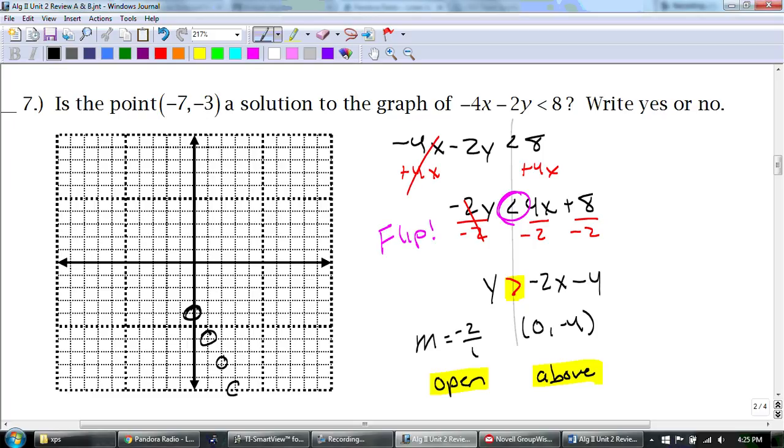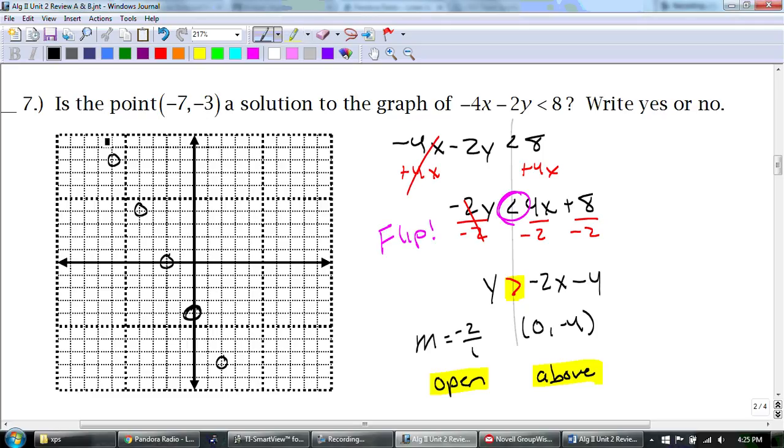Did any of you guys catch me? I hope so. I was falling asleep over here. So I'm just following my slope, negative 2 over 1. Okay, so I'm just going to erase a couple points so when I graph this, you can really see that my lines are dotted. You don't have to do that. Okay, so here we go.